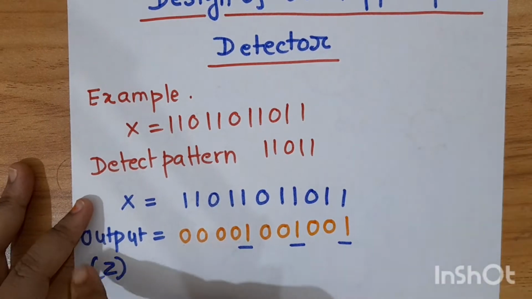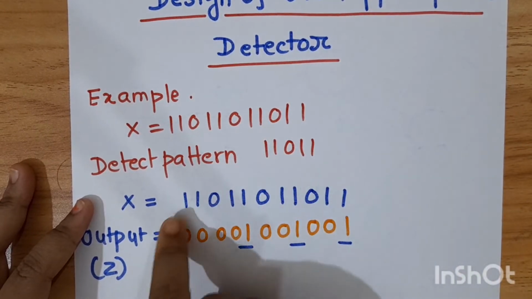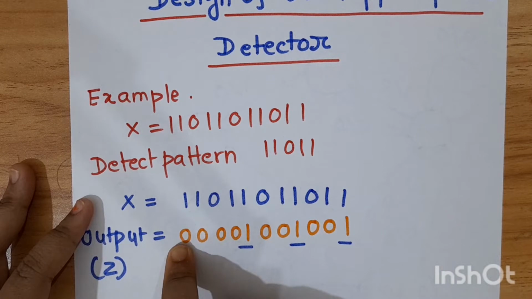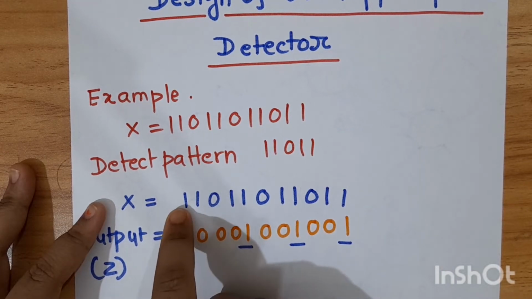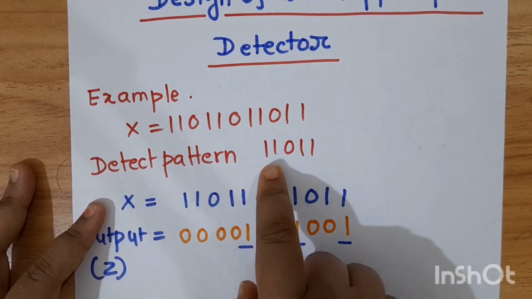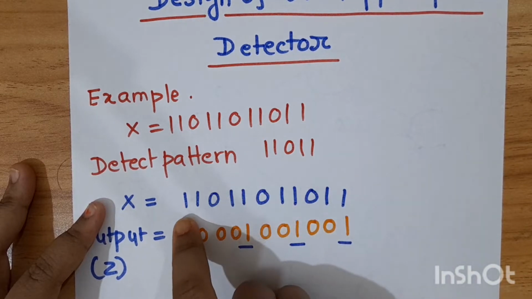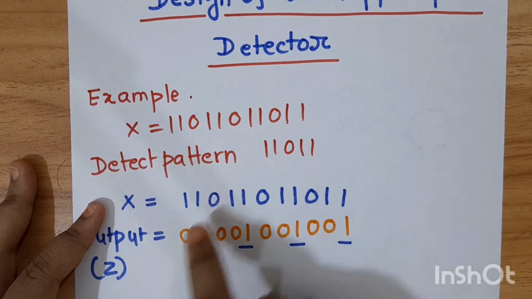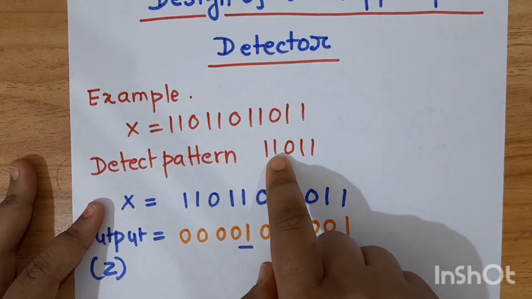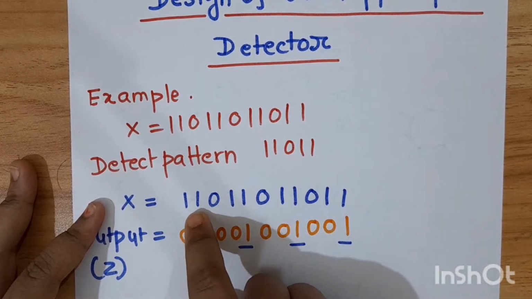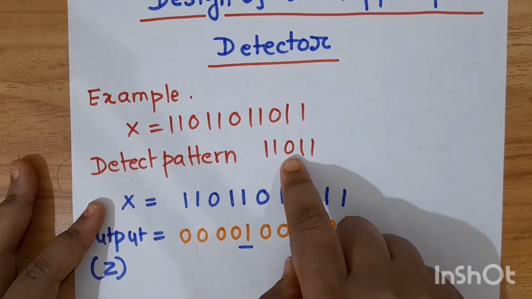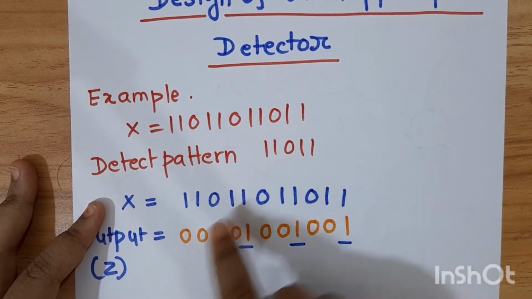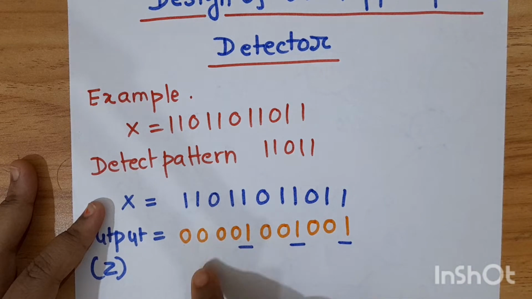You see, output would be 0 for the first bit, then 1, because we found 1 in the input stream's first bit and 1 is also the detect pattern's first bit. So 1 1. I will wait for the next one for the detect pattern. Yes, 1 has come. I will wait for the next 0 in the detect pattern. Oh, in the input stream 0 has come.